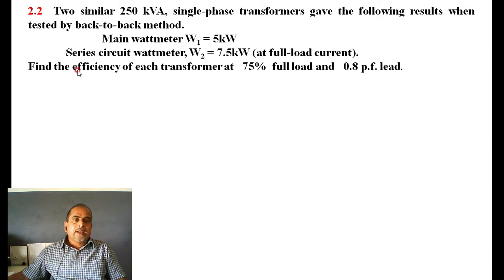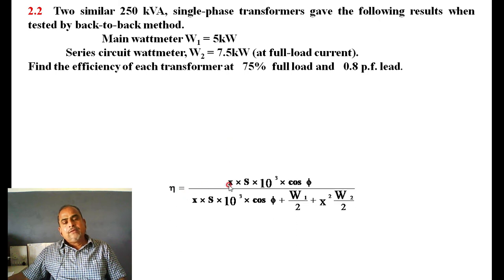Then what he asked is the efficiency of each transformer. Once again, you have to write the equation for the efficiency. That is efficiency is x, the loading factor, into S into 10 raised to 3 into cos phi, that is the output of the transformer, divided by the output plus the iron loss per transformer and the copper loss per transformer.